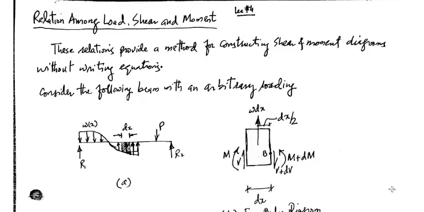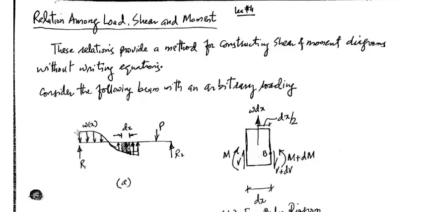So let's start with a small derivation of the relation among load, shear and moment. For this we will consider an imaginary or hypothetical beam, a simply supported beam with some imaginary loading acting on it. We have an area load, and this area load is not a uniformly distributed load.